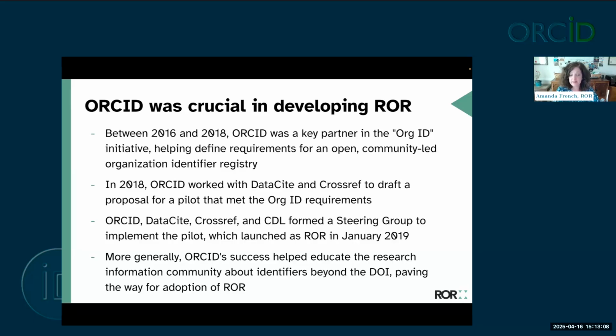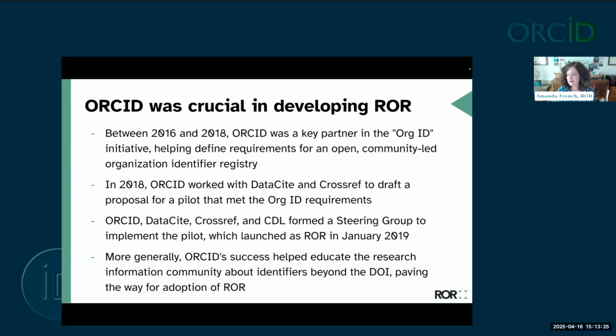And then ORCID, DataCite, Crossref, and the California Digital Library formed a steering group to implement the pilot, which launched with the wonderful name ROR, Research Organization Registry, which is a name I love, in January of 2019.